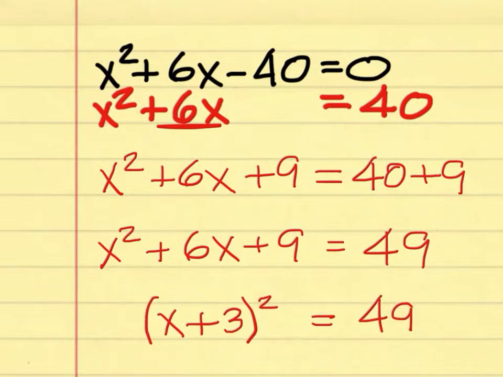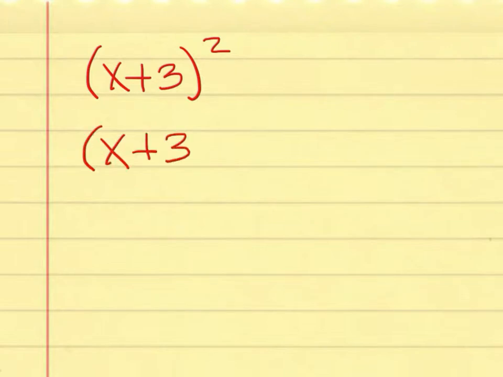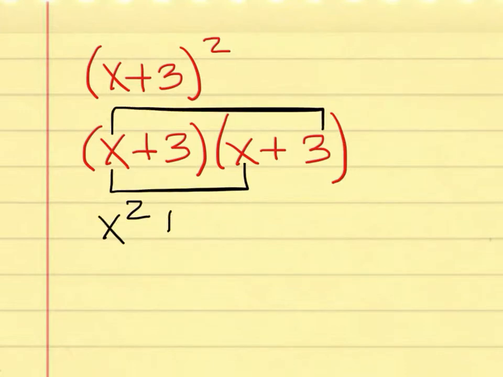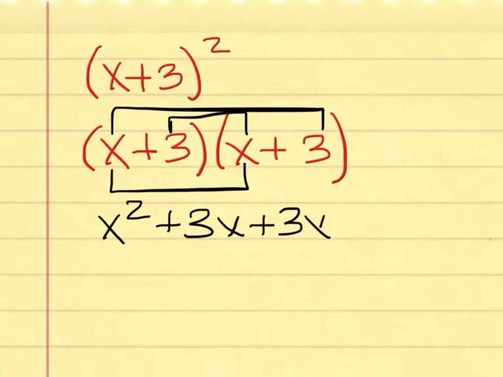Off to the side, we will do x plus 3 quantity squared. This is what we came up with on the left-hand side. It's a perfect square. It's the same thing as saying this. And if we multiply these two together, we get x squared plus 3x plus 3x and then plus 9.